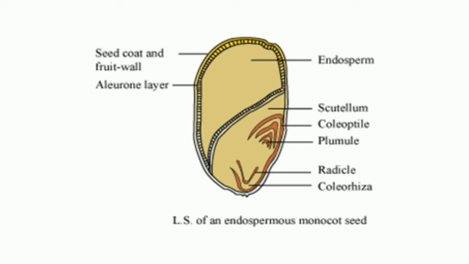So in the diagram you can have an idea of how the embryo is arranged in a monocot seed. So this is what we have learned today, the difference between the monocot seed and the dicot seed, and how the embryos are developed.